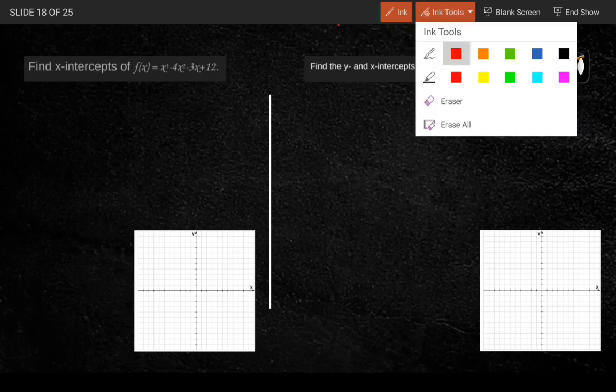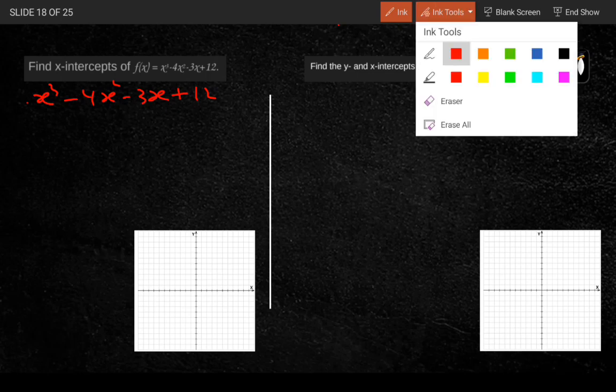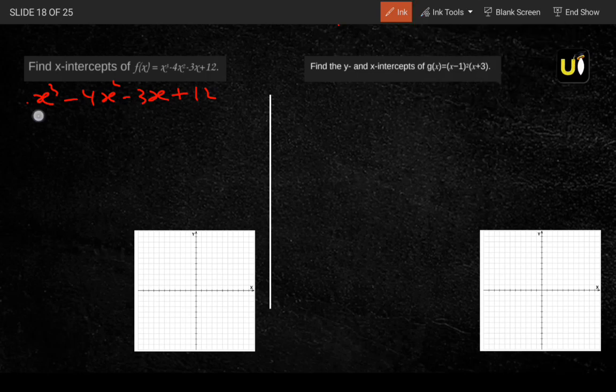Now let's see some examples. x cube minus 4x square minus 3x plus 12. How do we factorize this? Observe the first two terms. If we take x square common, that will be x minus 4.